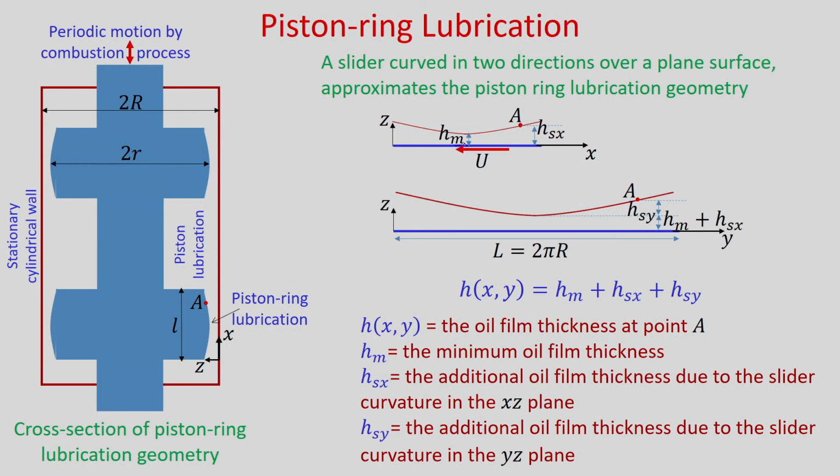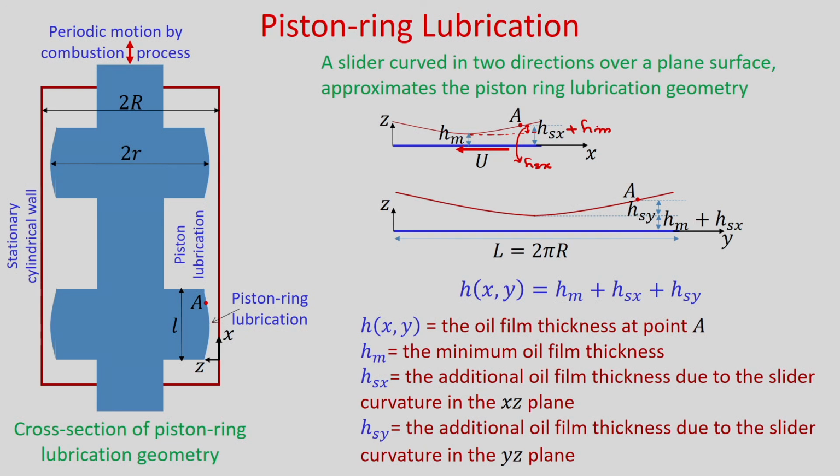The relative motion is u in the negative x direction, and the minimum thickness here will be hm, at this point A. There will be a variation of this height in the x direction, which we write as h. So this will be hm plus hsx, and this portion is only hsx.